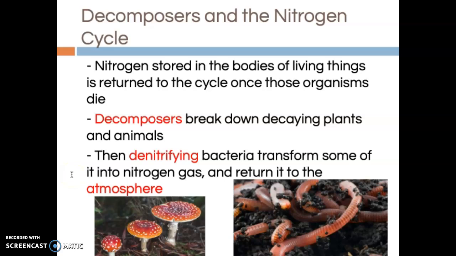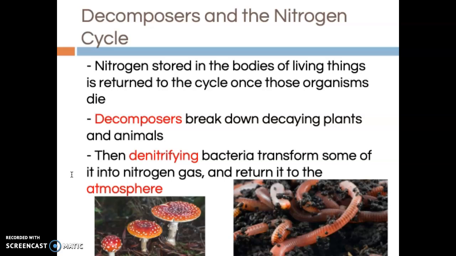Nitrogen gets stored in the bodies of living organisms. But because it's a cycle, we need to make sure this nitrogen is going to get returned from our bodies and continue to cycle. As organisms die and decay, decomposers are going to start to break down their bodies and their waste.